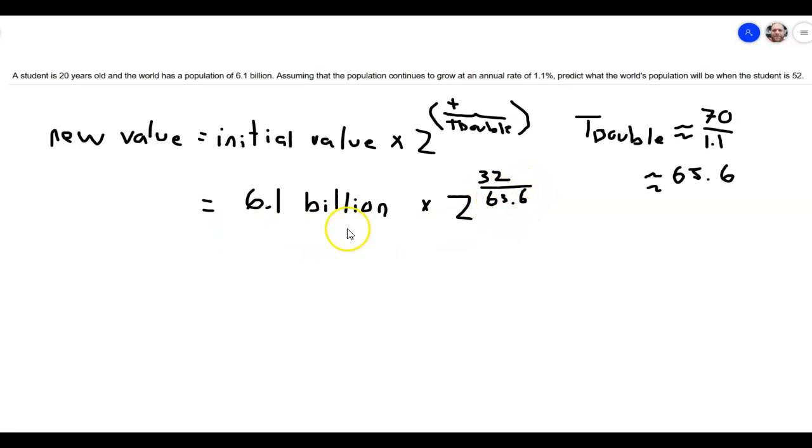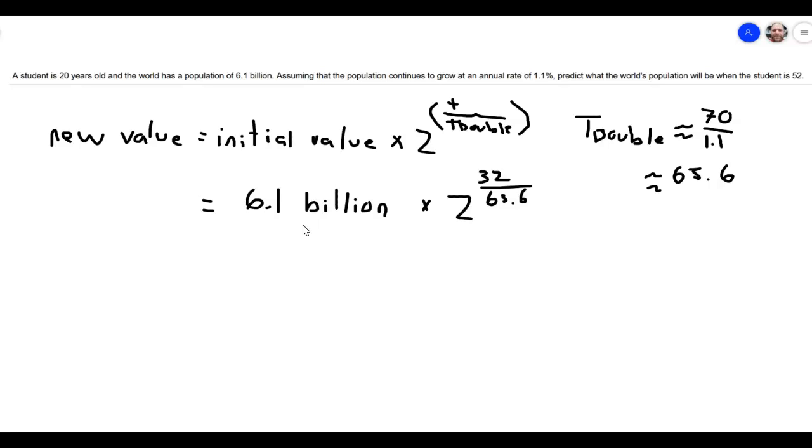All right, so that's the one that goes in this part of the exponent, 63.6. And now I'm going to do all the multiplying. There are a couple of different ways I can do this. I can convert this to a number with a whole bunch of zeros, 6,100,000,000. We have 2 zeros for the millions to make that 100 million, then another 3 for the thousands and another 3 for the numbers 1 through 999.